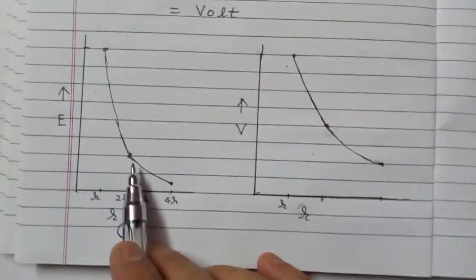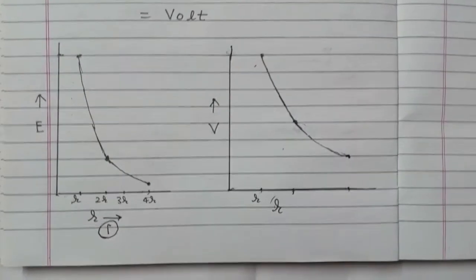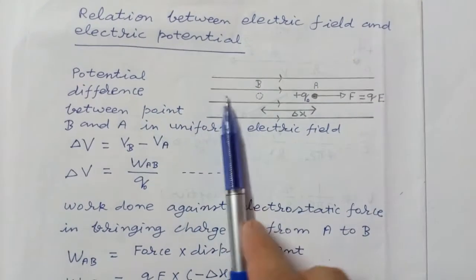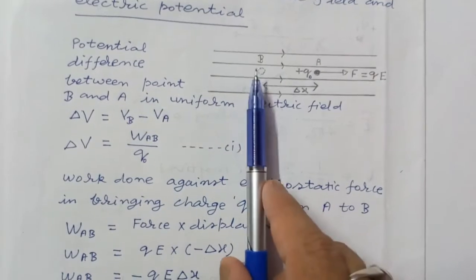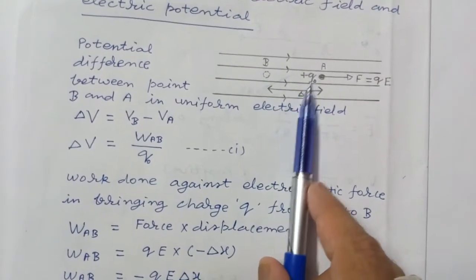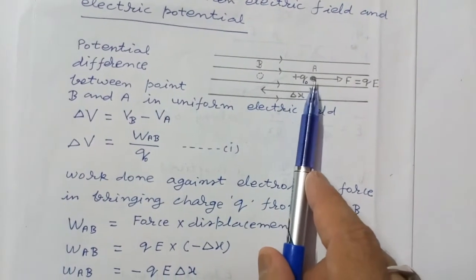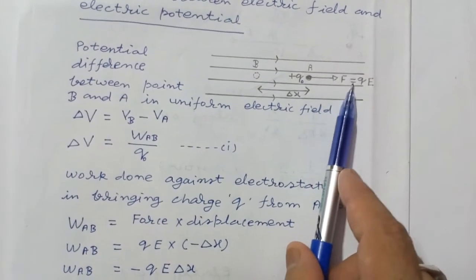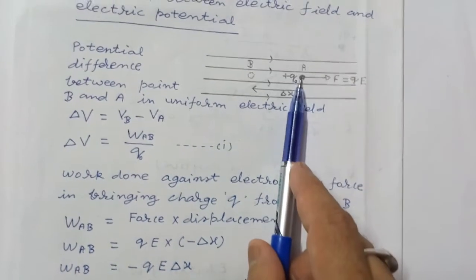Now we will derive a formula for the relation between electric field intensity and electric potential. Suppose here is a uniform electric field and we put a plus q naught test charge at point A. Now this plus q naught charge will experience a force in the direction of the field, given by F is equal to q into E. Suppose the potential at this point is VA.